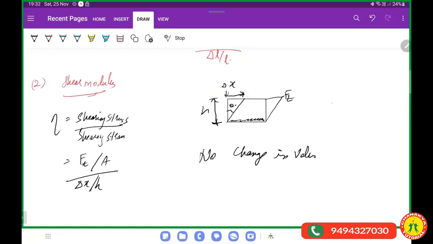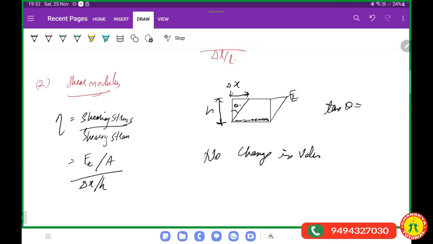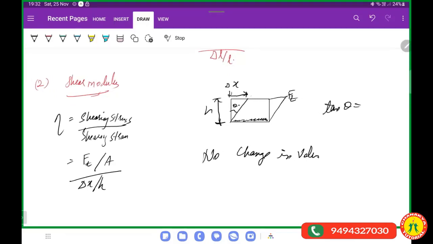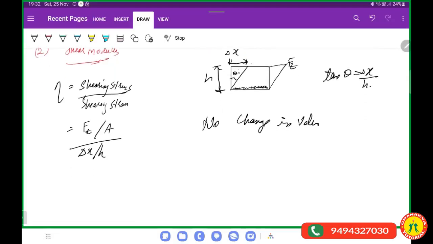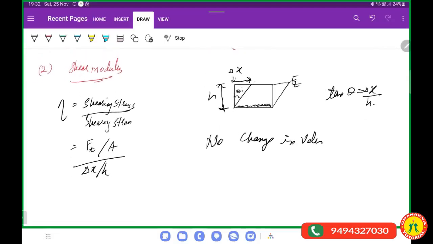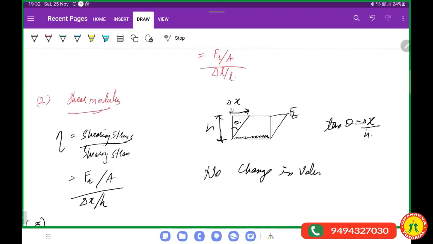So delta x by h is the strain, and for theta also, if you want to find the angle, theta equals perpendicular by this, so x by h. Done? Shall I scroll it?